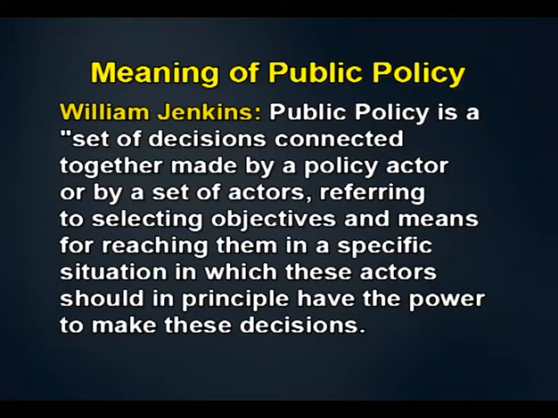A more complex and more conceptualized definition of public policy has been offered by William Jenkins. According to him, public policy is a set of interconnected decisions made by a policy actor or a set of actors, referring to selecting objectives and means for reaching them in a specific situation in which these actors should in principle have the power to make these decisions.